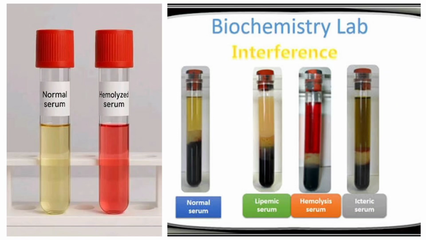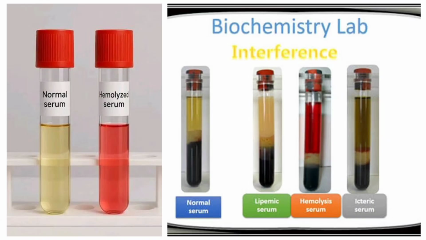In other words, if a sample is highly hemolyzed, highly icteric, or highly lipemic, it can cause the linearity to fail. It's not because the concentration of the analyte you are measuring is high. It's because of the condition of the sample.